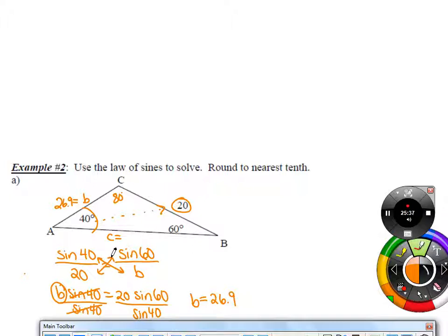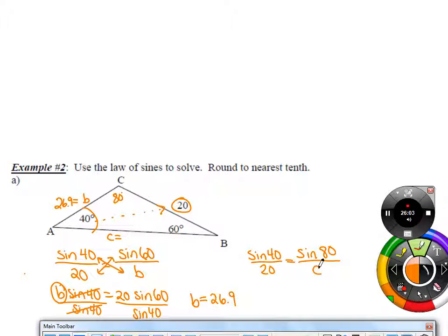Is that okay? All right, so I got B. How am I going to get C? Are we going to use the Pythagorean theorem? No, because the Pythagorean theorem only works in right triangles. So we have to use the law of sines again. Okay, so the sine of 40 over 20 is also going to equal the sine of 80 over whatever the side length is across from the 80-degree angle.